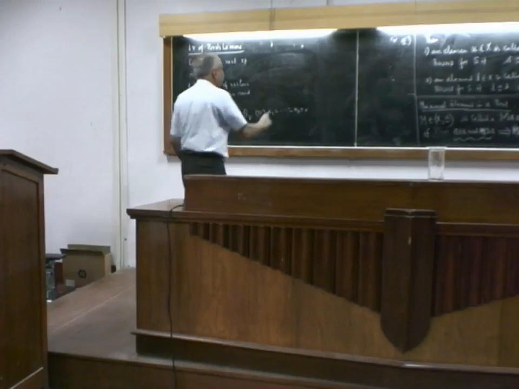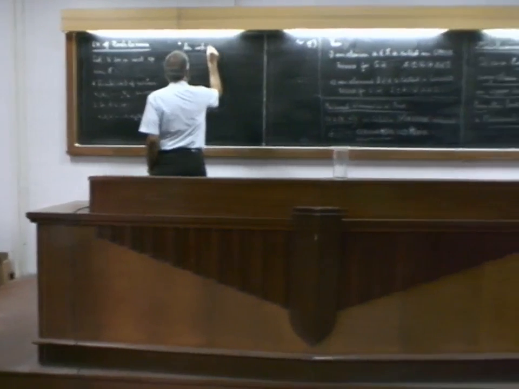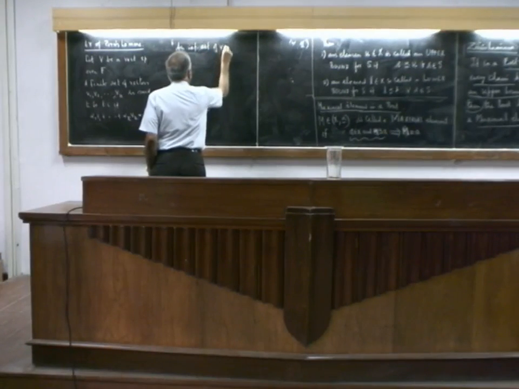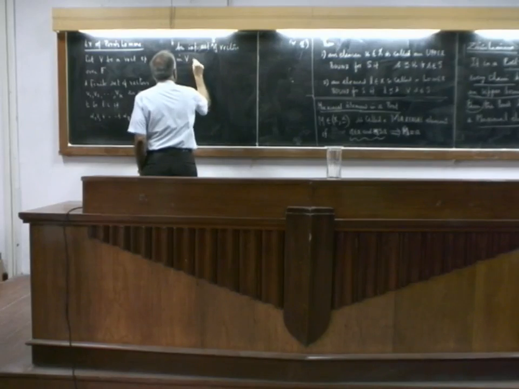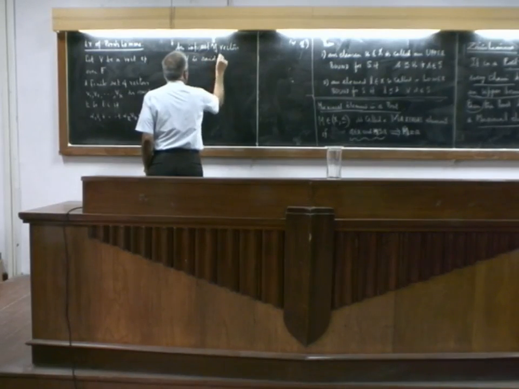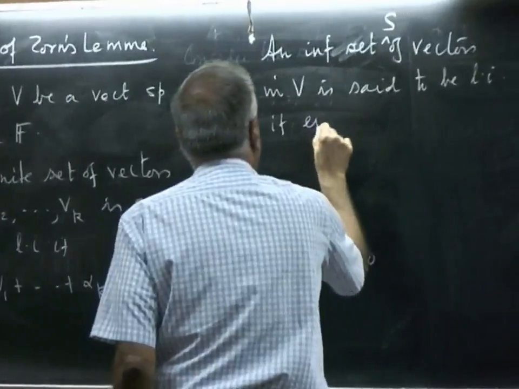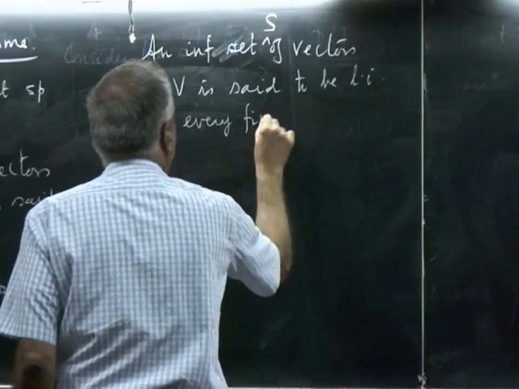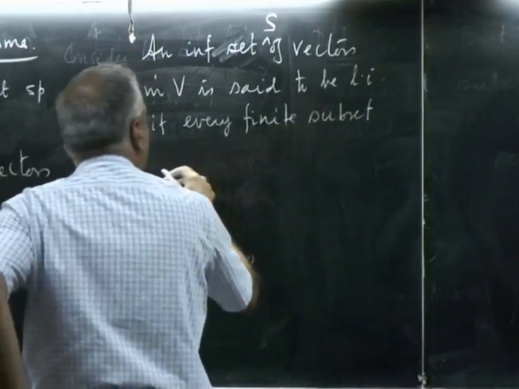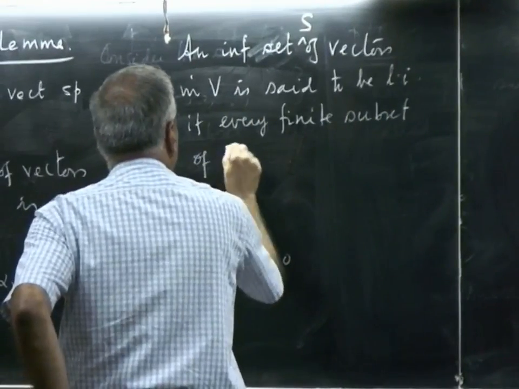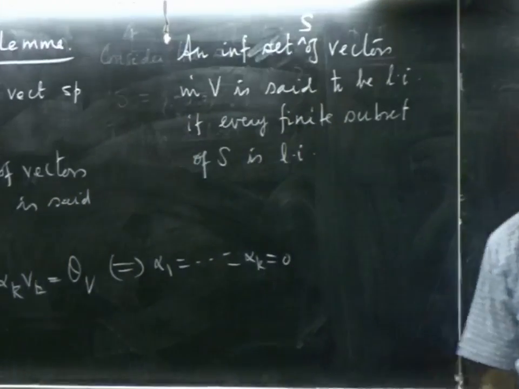So this is the definition. An infinite set S of vectors in V is said to be linearly independent if every finite subset of S is linearly independent. The moment I come to a finite subset, I know how to check linear independence.